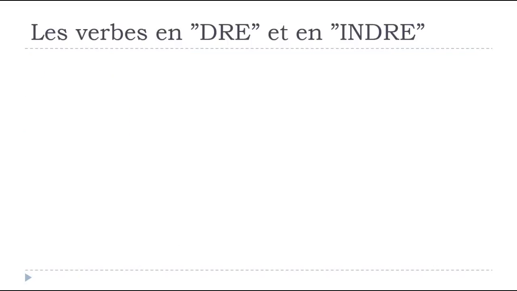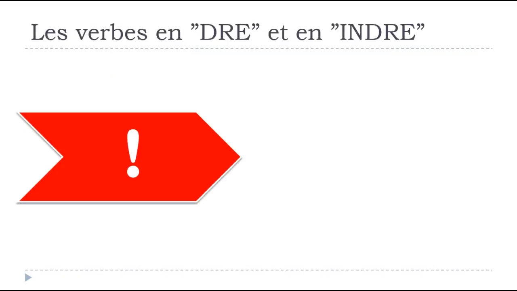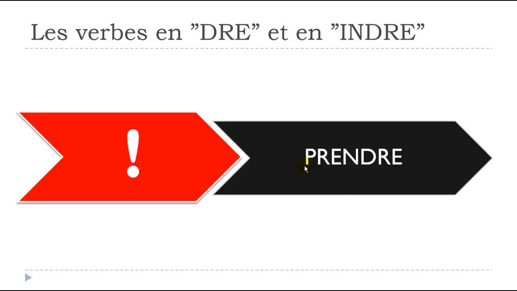Okay, but as you know, like almost all the time in French, we've got some exceptions. Of course, the verb prendre, which is quite used because it means to take, is an exception. Even if it's ending with DRE, it won't behave like attendre that we saw previously.